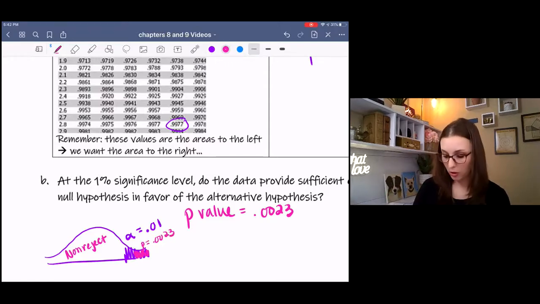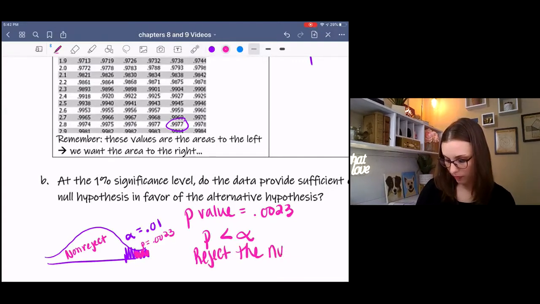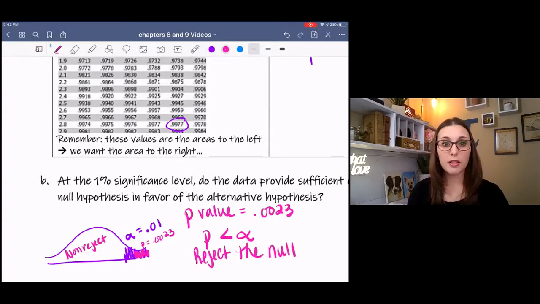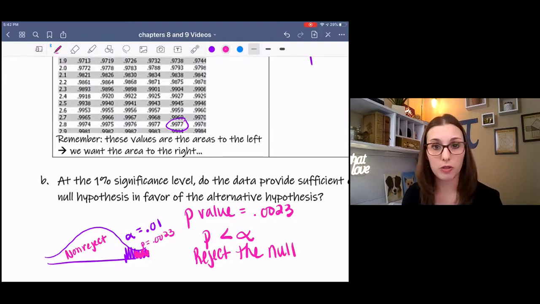Since our p-value is in the rejection zone, p is less than alpha, then we would say we can reject the null. We have statistically significant evidence to reject the null in favor of the alternative hypothesis.